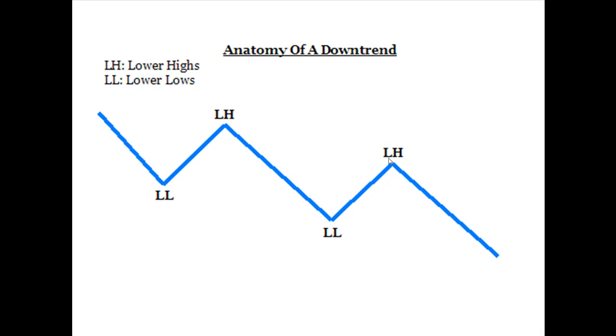Then it goes back up again, makes a high that is lower than the previous high, and then it comes back down. This again is another low, much lower than the previous low. So this is how you can identify that this market is in a downtrend when you see the candles doing that.